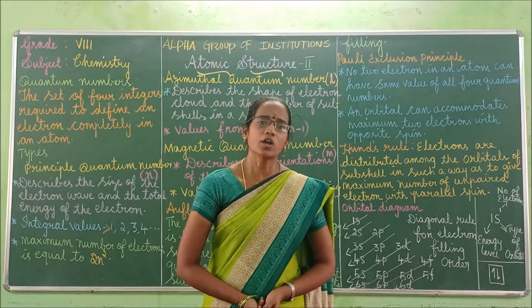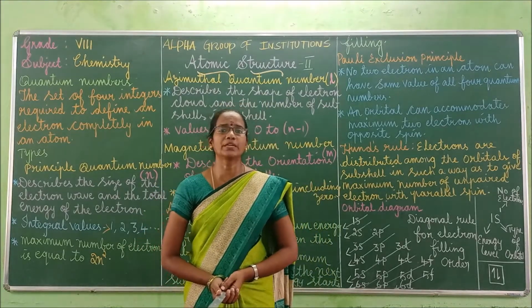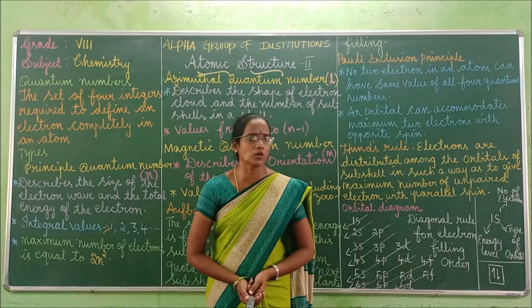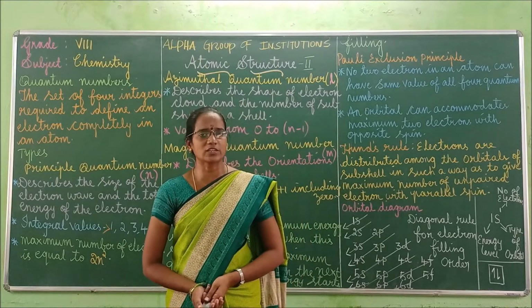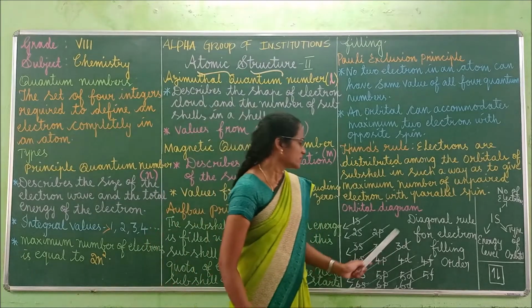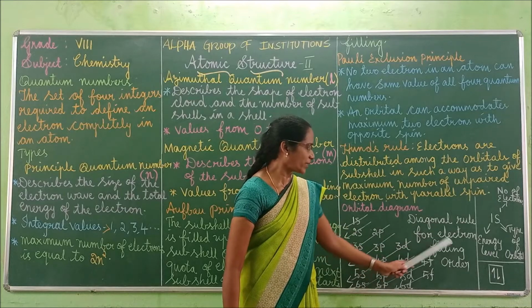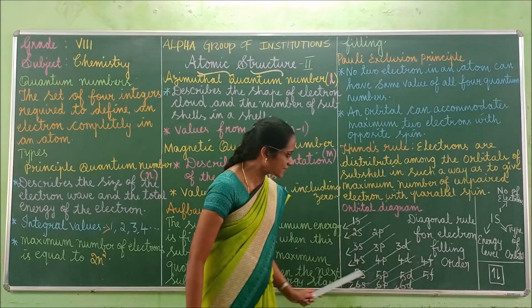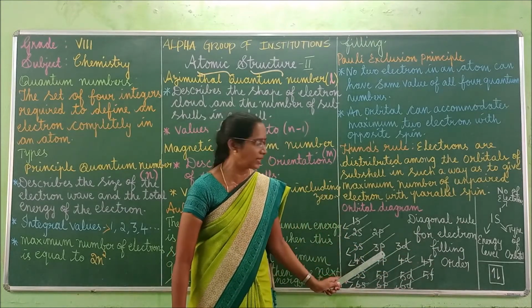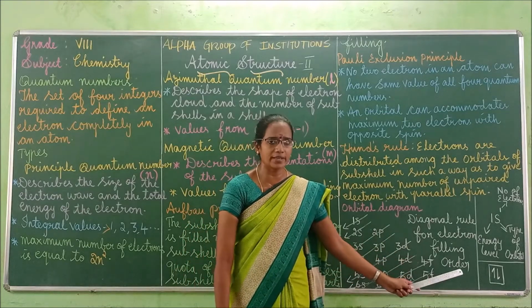So this is the diagonal rule for the electron filling order.